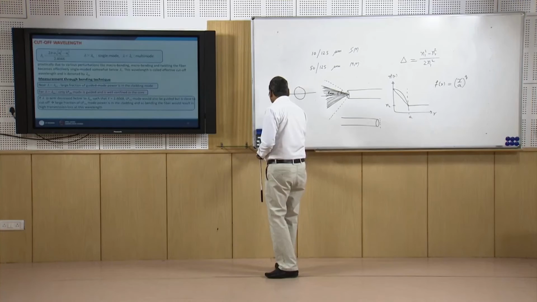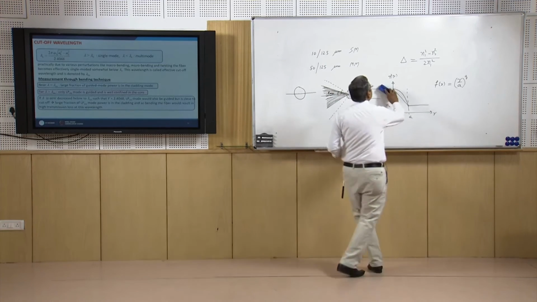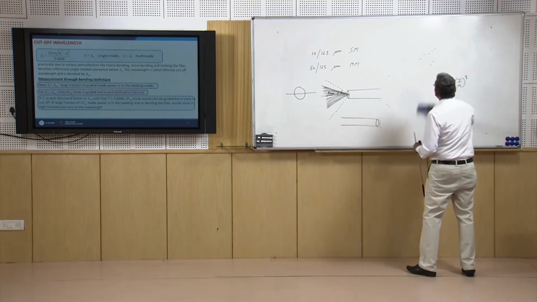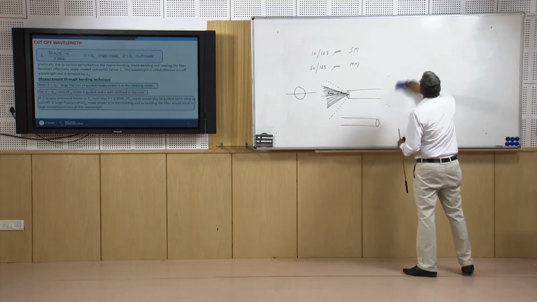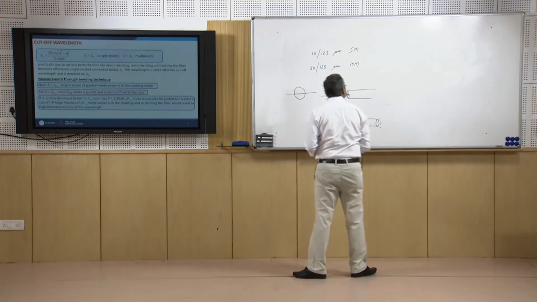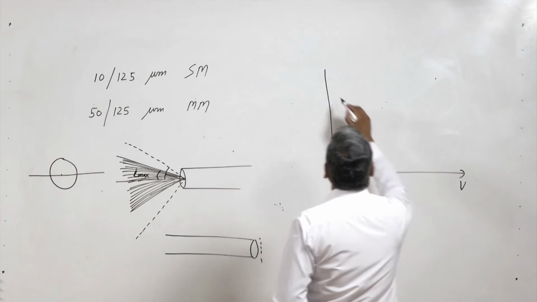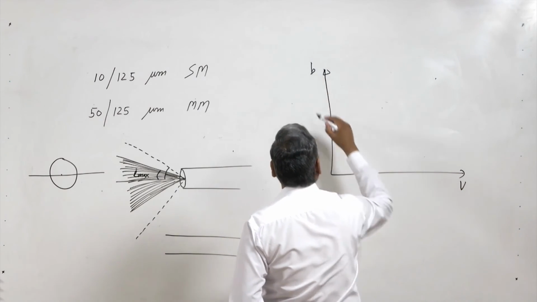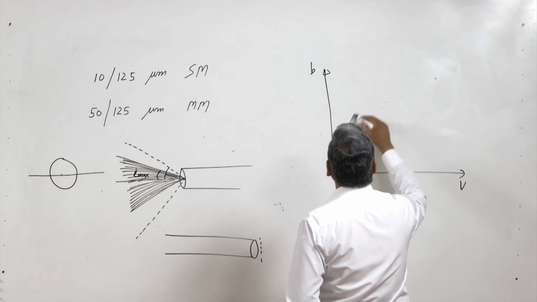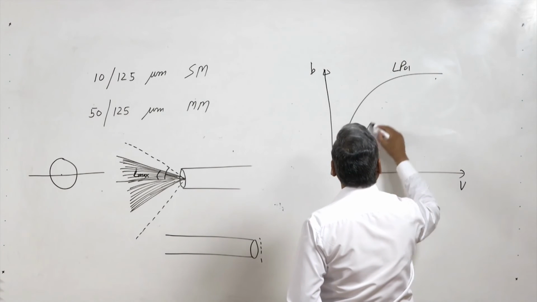If you remember, if you look at the b-V curves of a step index fiber, then this is V, this is b, this is the LP01 mode, and this is the LP11 mode.